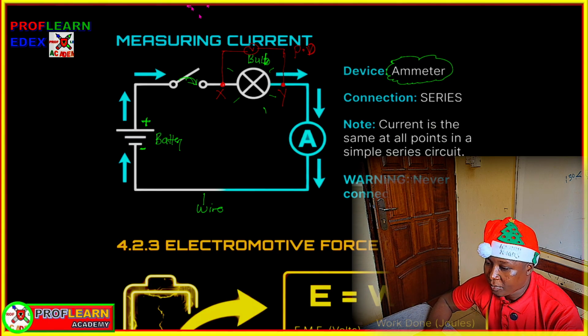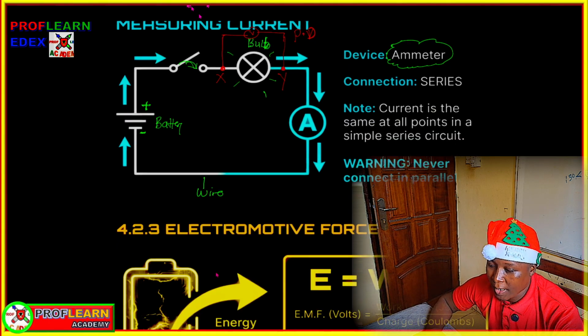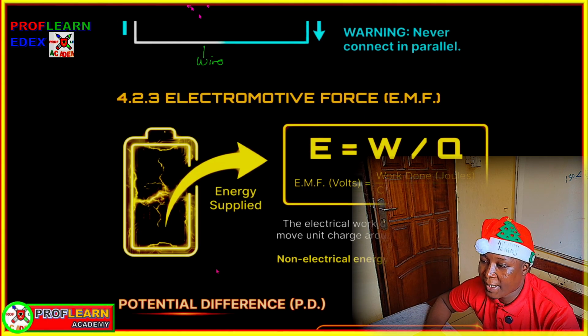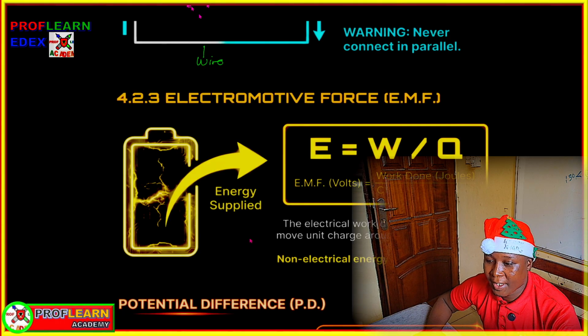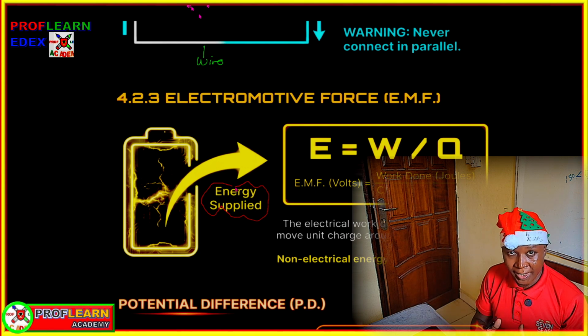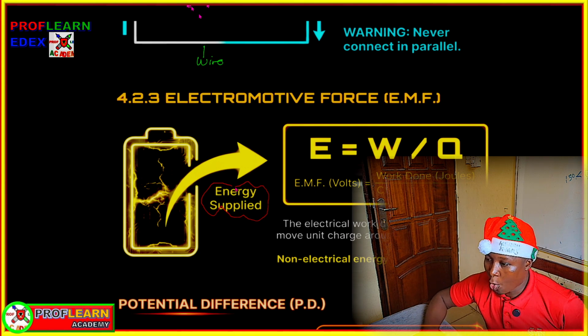Now, for a circuit to work, we must have an electromotive force, that is the EMF. Remember, the energy is supplied by the battery, and the battery is the one that supplies what we call the electromotive force in this case.